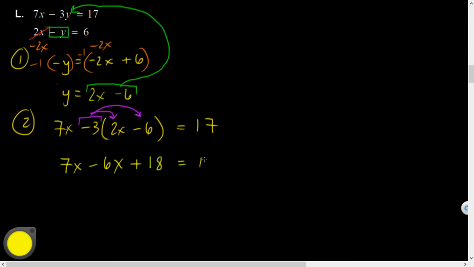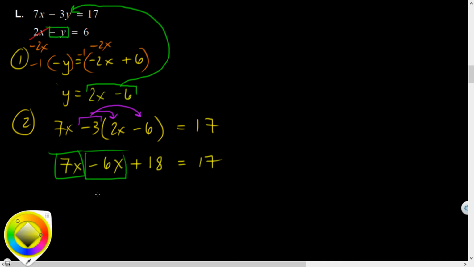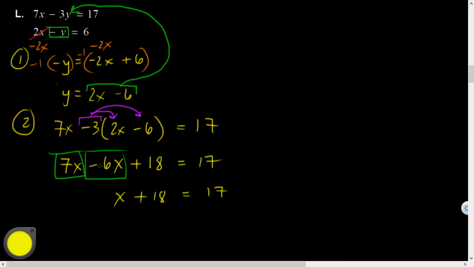18 equals 17. Some people like subtracting 18 from both sides first off. I'm a fan of combining like terms first. It doesn't matter. As long as you obey the laws of math, we'll all get to the same conclusion. 7x minus 6x is 1x. And remember, since these are on the same side of the equation, I don't have to add 6x to both of them.